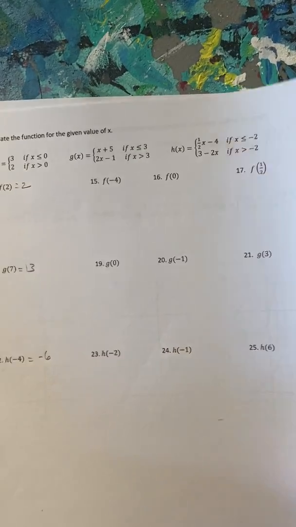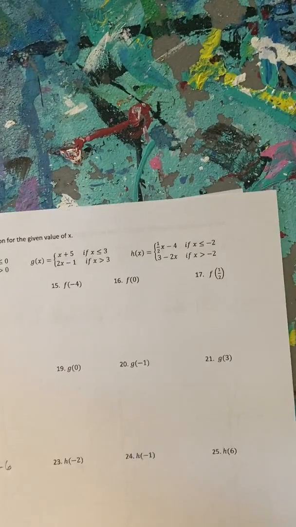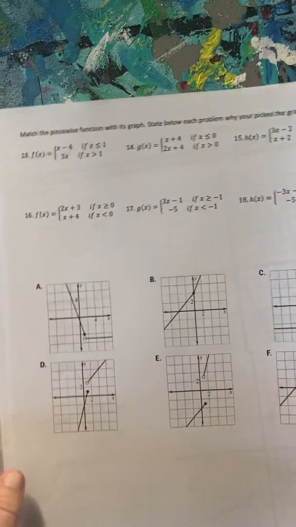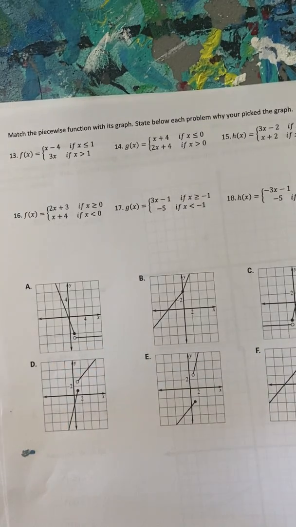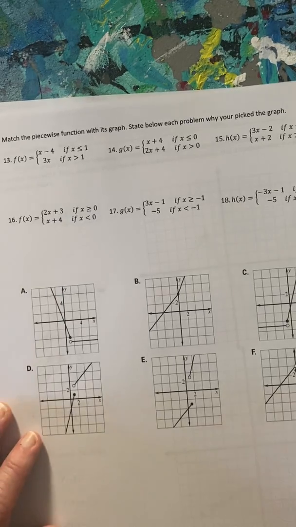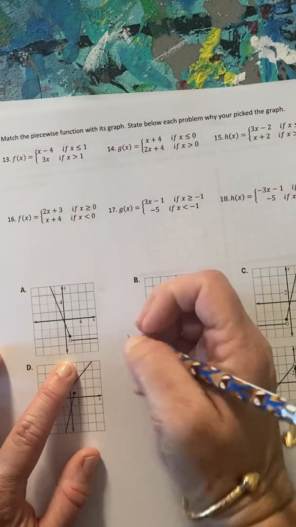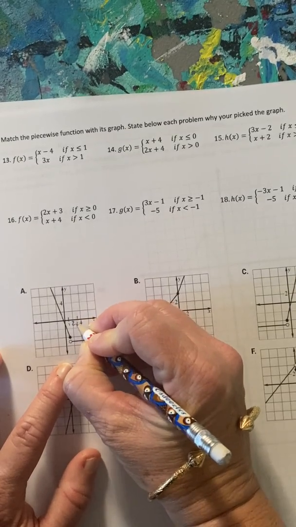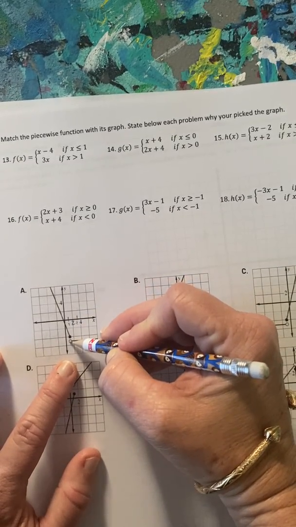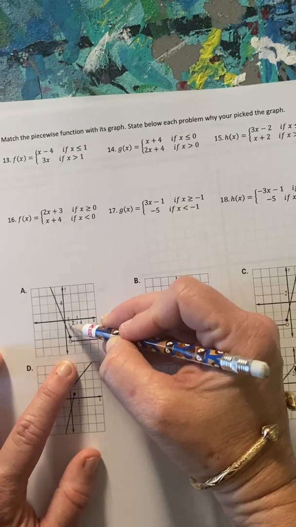Okay. Now we're going to do a few from one more page here because I wanted to show you how I could work either way. Okay, so if I look here and I'm trying to come up with the equations, I'm trying to see which one works. So if you look here, this is going by, like that's 1, 2, 3, 4. So I notice that all this stuff changes at 1.